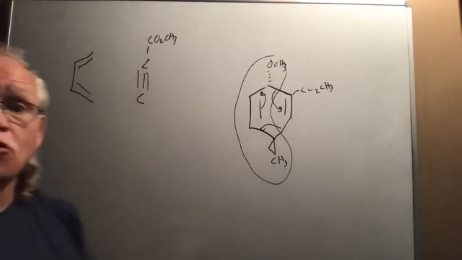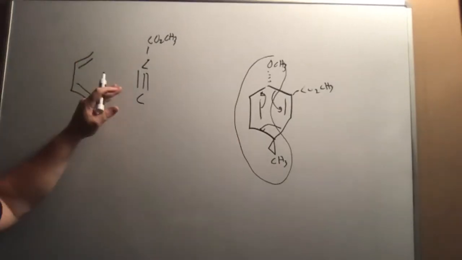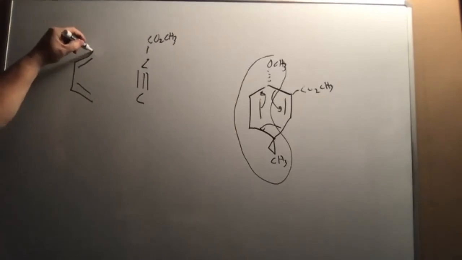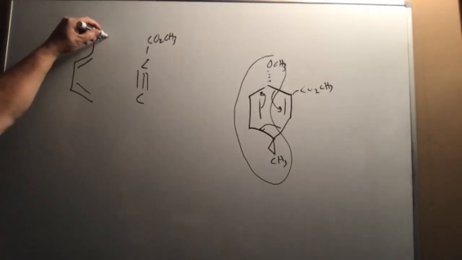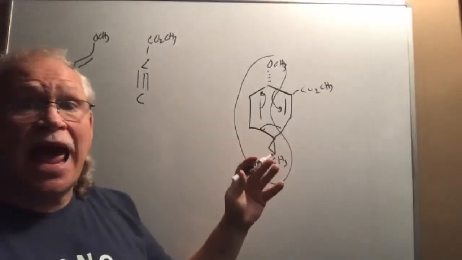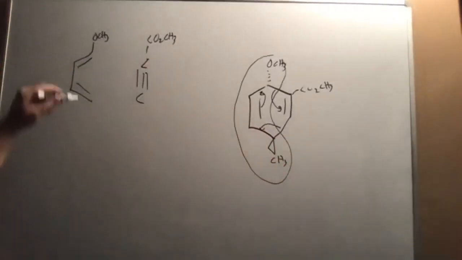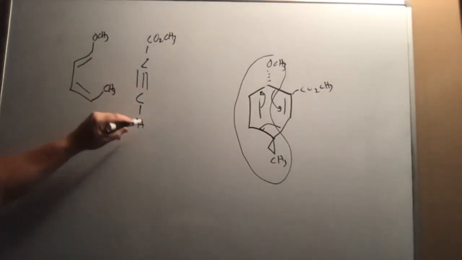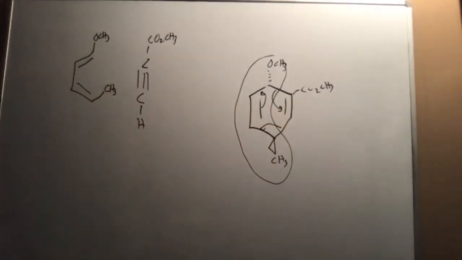And that's where we use that rule. Remember, the ones that are in are coming out towards you. The ones that are out are going back. So I know the OCH3 was here. Notice the CH3 is coming out towards you, which means it was here. And since this is an H, that's one of my choices.